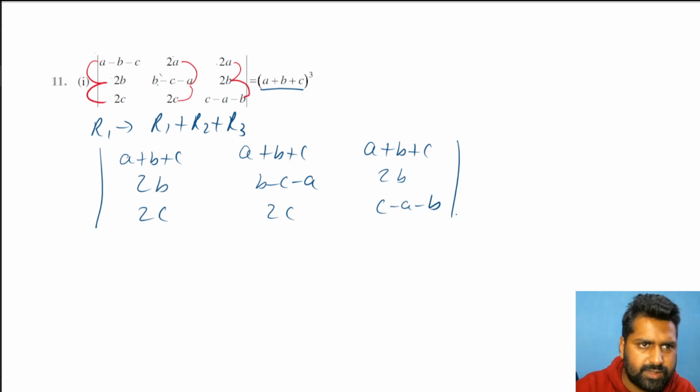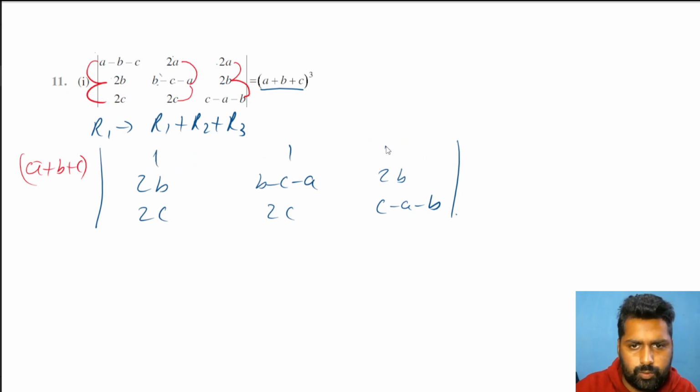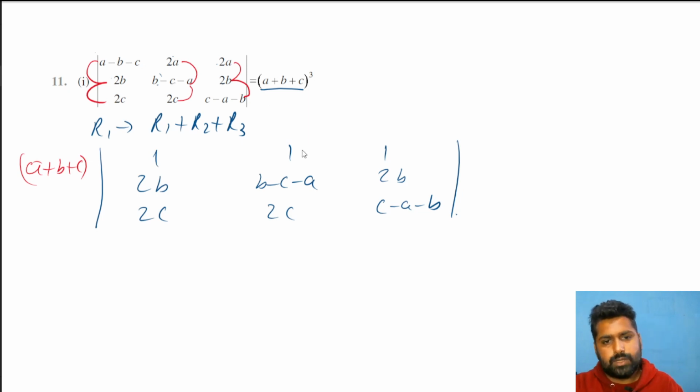A plus b plus c is common in the first row, so I'm taking it outside. If I'm taking it outside, what is left inside? 1, 1, 1. Now the moment you get 1, 1, 1, I think pretty much you have the understanding what we are going to do. We're going to generate zeros. So generate 0 here, generate 0 here.